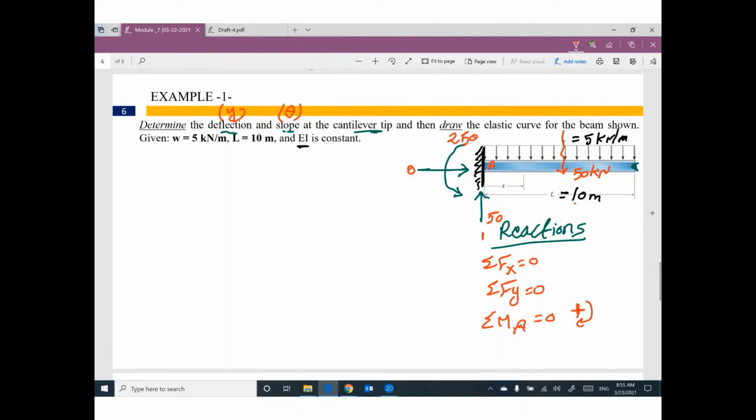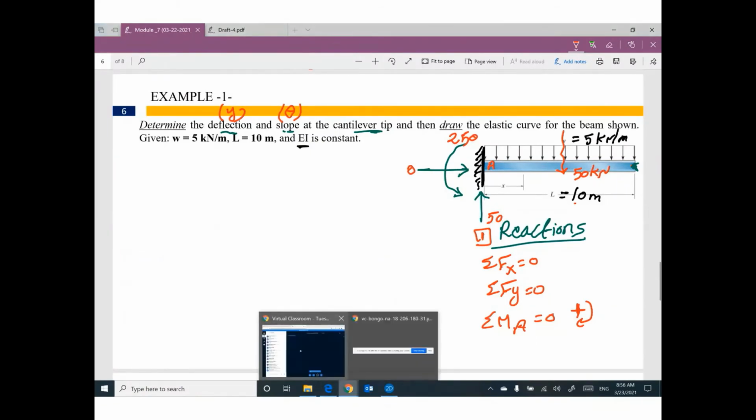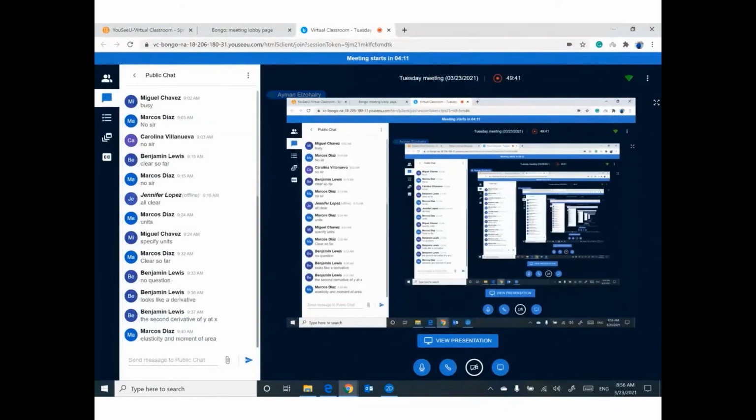So the first step is to figure out the reaction values. If you cannot figure out the reactions, unfortunately you will not be able to solve this problem. Any question so far? If you have any question, please let me know.